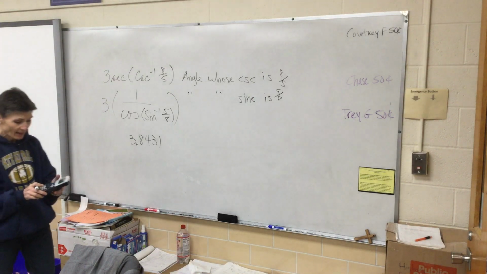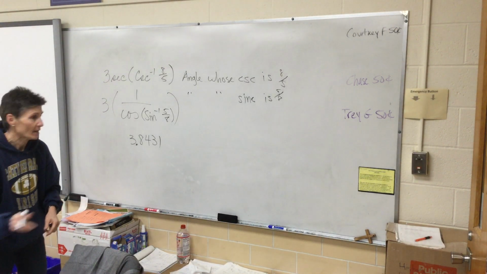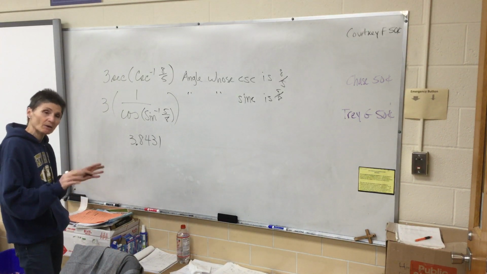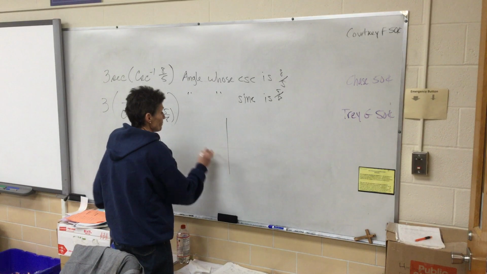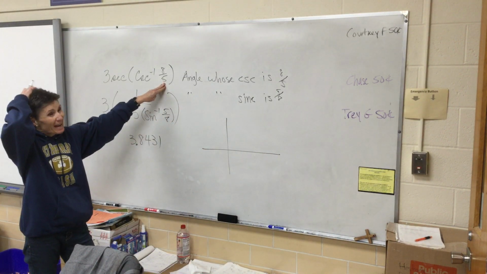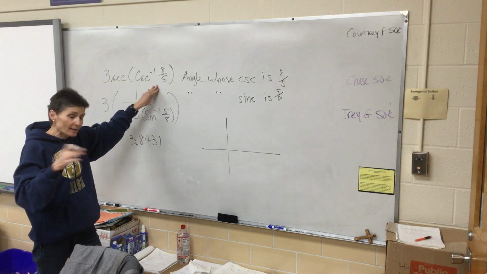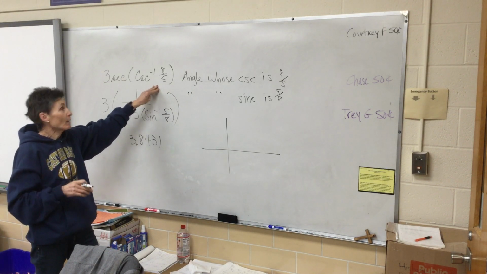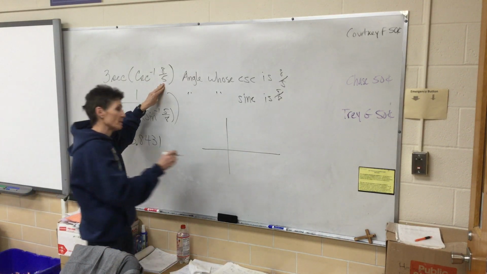Now, I'm going to hang on to that because now I'm going to do it without a calculator. And then I'm going to compare and see if my answers match, which hopefully they will. All right, so here we go. I remember that anytime I'm finding an angle whose sine, cosine, or tangent is, when I use this notation, if this is a positive number, I'm in quadrant 1.